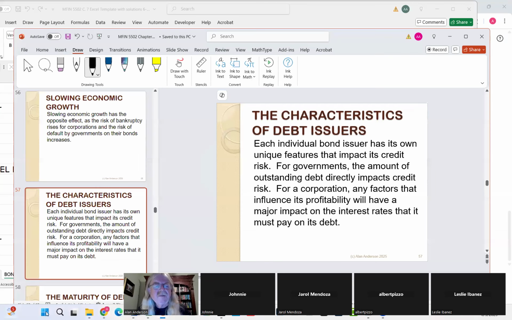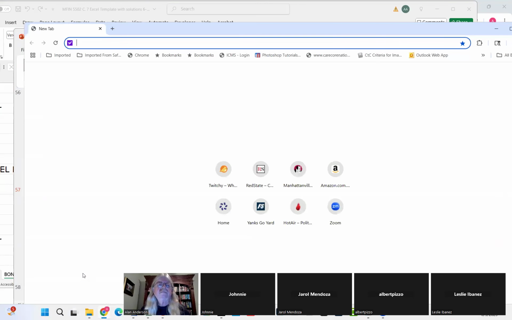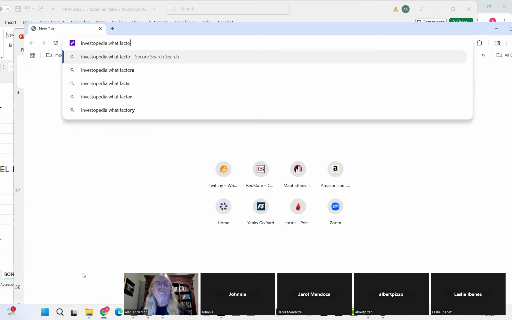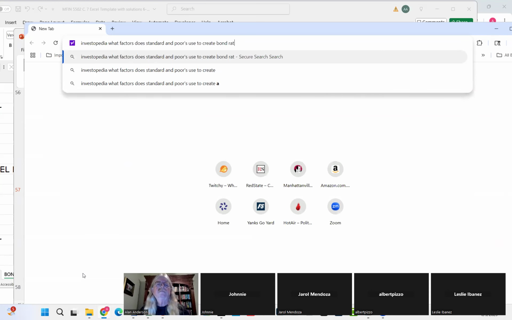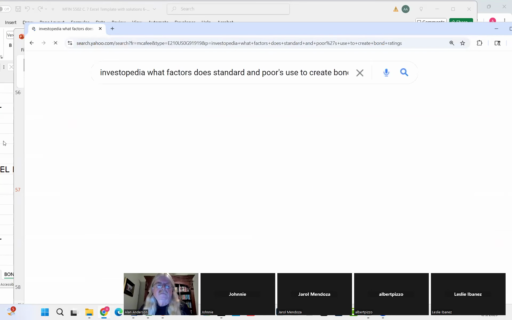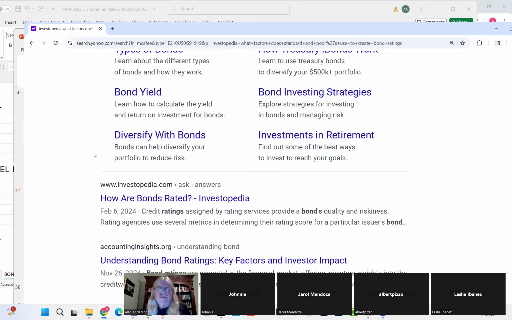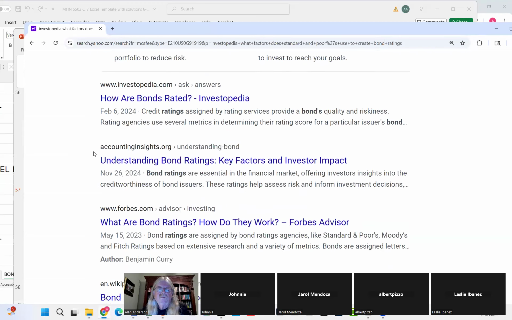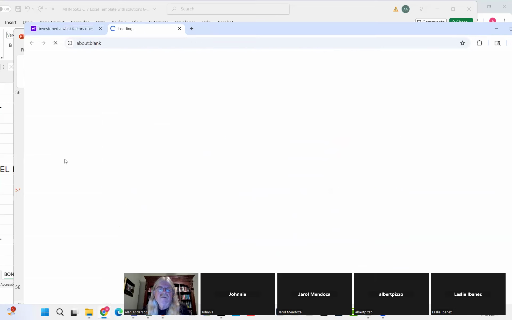Well, I think we can probably find an article on Investopedia about this. Let's see. Let's try this article by Forbes.